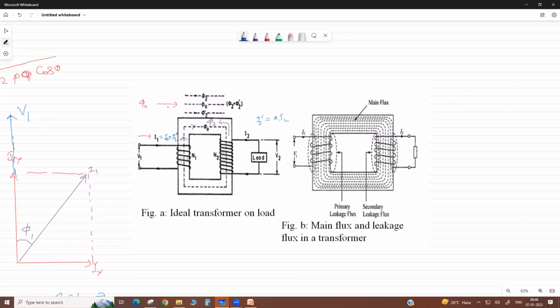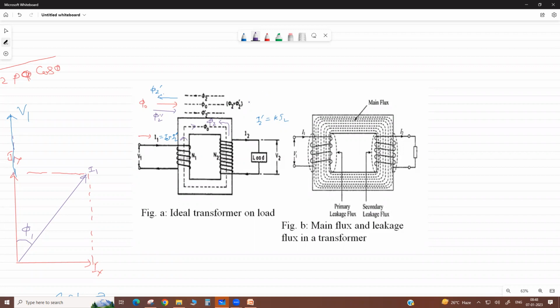Now, with more current from the primary side, another flux comes, phi2 dash, due to this I2 dash current. Actually these two fluxes are opposite.